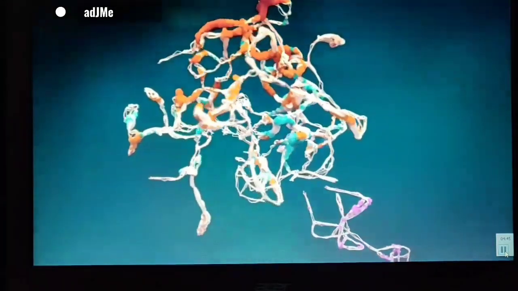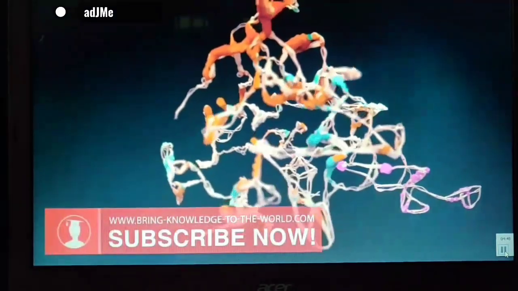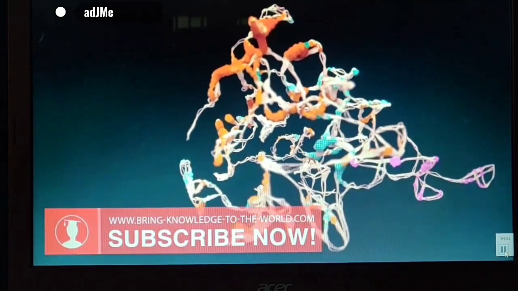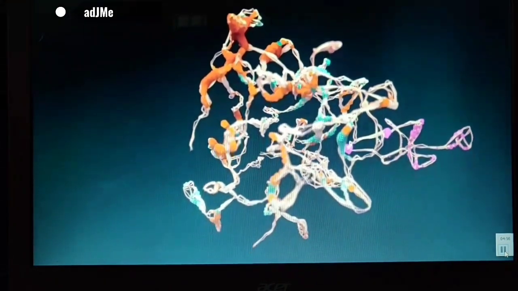You come across enzyme names which end with ASE, for example, maltase, sucrase, cellulase. These are all examples of carbohydrate degrading enzymes.